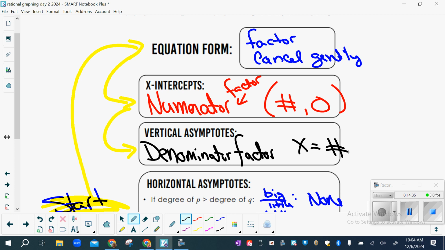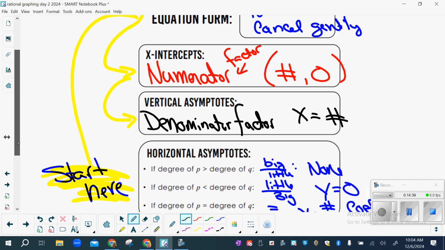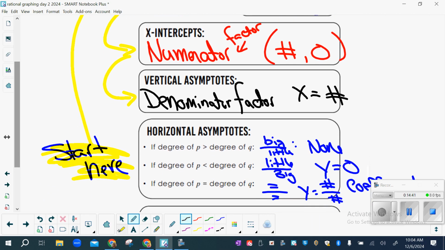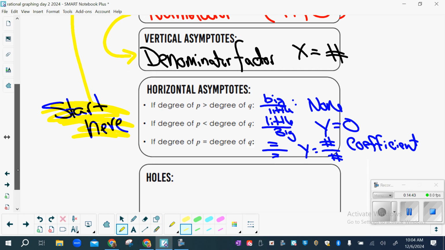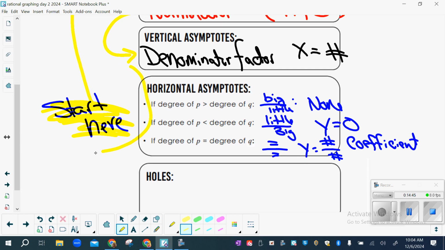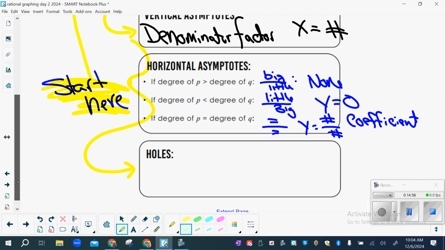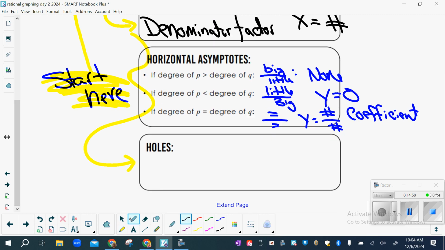We are almost done. And our last thing that we do, we head on down. We skip the next step because we've already done it. Yay for me. We're going to get that pen out and do the holes. Oops, that's not even pretty. I want to make that pretty. There we go. And the holes is the canceled factor.